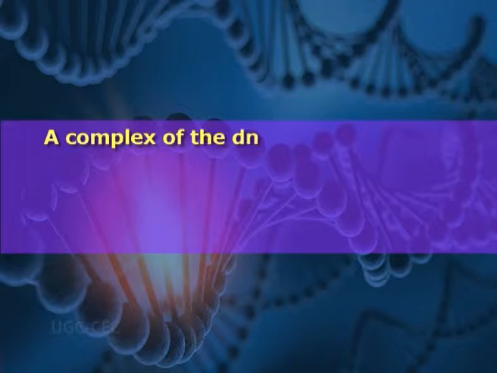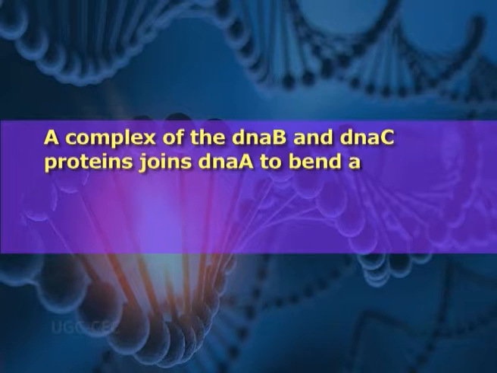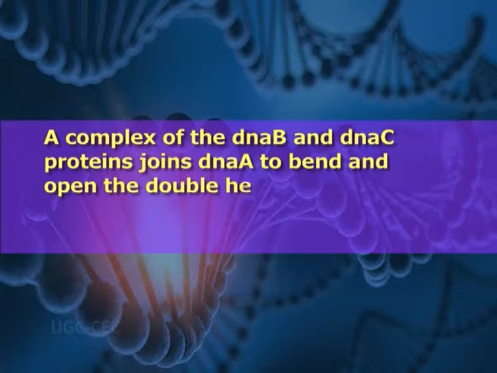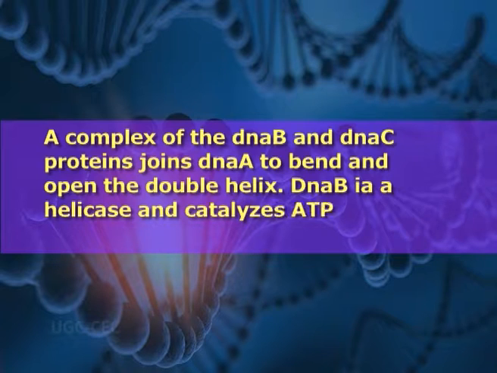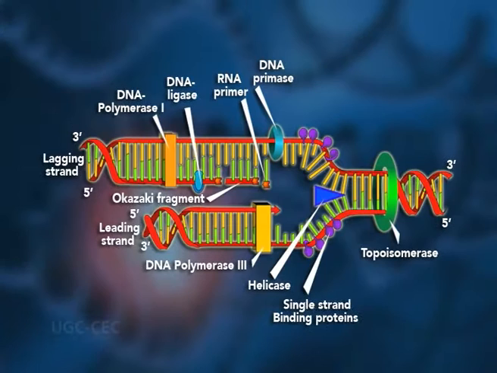A complex of the DNA B and DNA C proteins joins DNA A to bend and open the double helix. DNA B is a helicase and catalyzes ATP-driven unwinding of the double helix. The unwound part of the DNA is stabilized by single-strand binding protein.